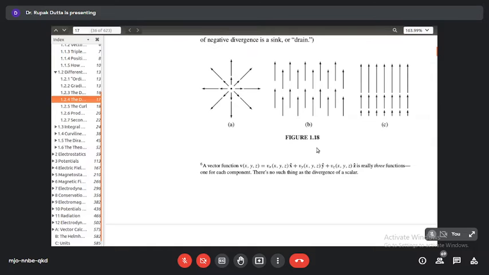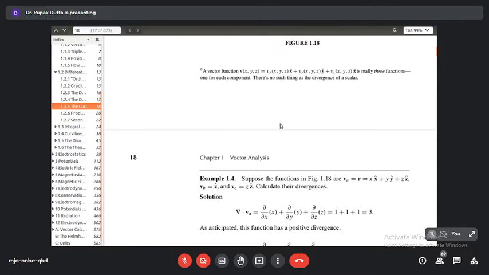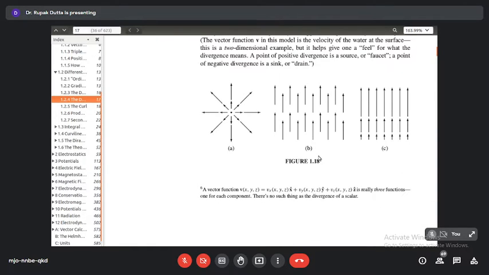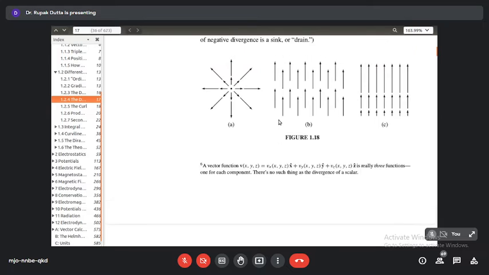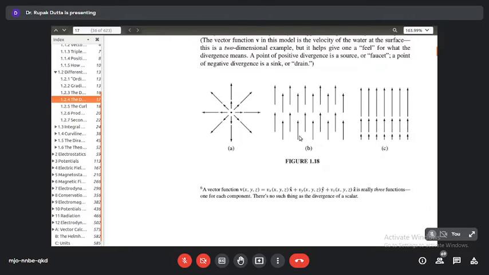Okay, now if I have to represent this one mathematically, let's say this is the z direction. If I have to represent this mathematically, what will it be? Here the magnitude is constant, the same, and it is moving along the z direction. The vector is along the z direction. So how do you represent this vector? k z cap.